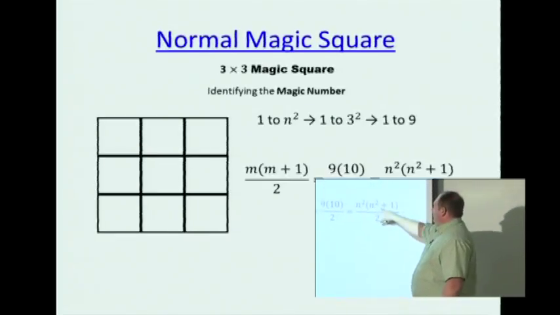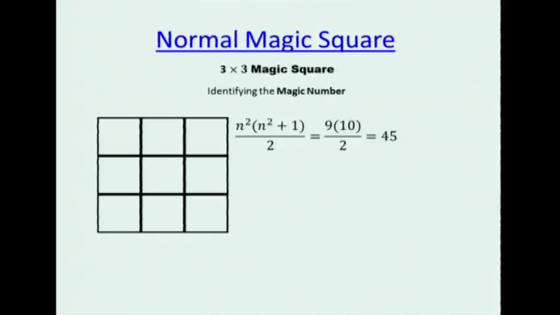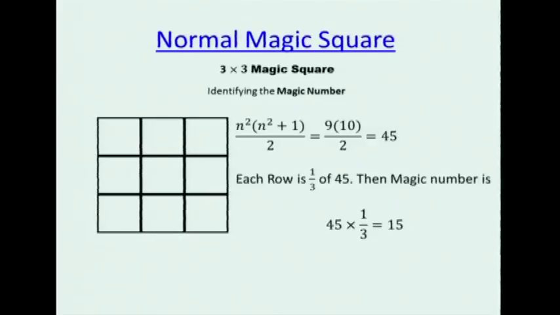This equals 45. So if we add up all these numbers, we have 45. But we want each row and column, and there are 3 of those, so we need to divide that by 3, or multiply it by a third, and that equals 15. So the magic number of this 3 by 3 square is 15.